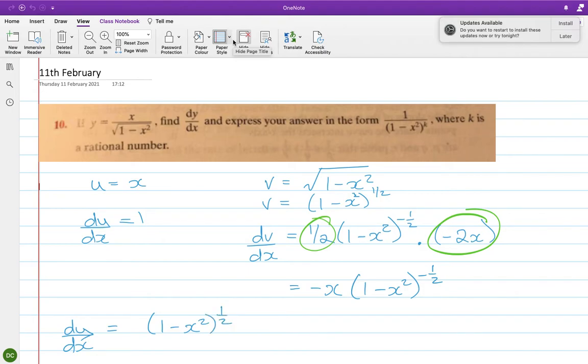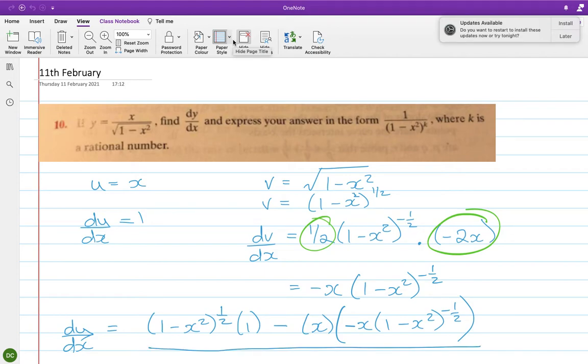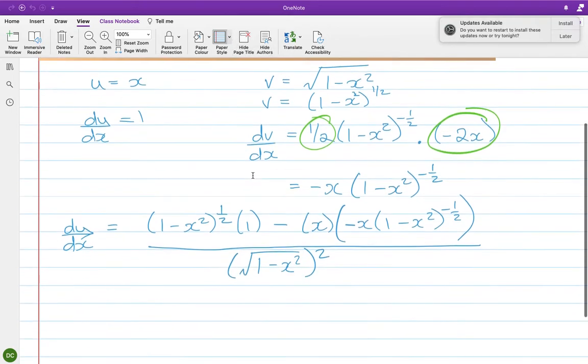So v du/dx is 1 minus u, which is x, by dv/dx, which is minus x by 1 minus x squared to the power of minus a half, all over v squared. So that's the square root of 1 minus x squared to be squared, so that the square and the square root will cancel.